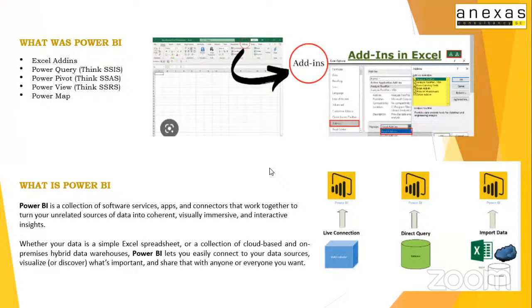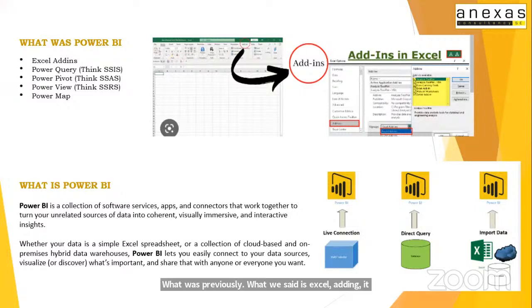What was Power BI previously? As we said, it was an Excel add-in. It was Power Query, Power Pivot, Power View, and Power Map as four different things. After that, they made a software for it.